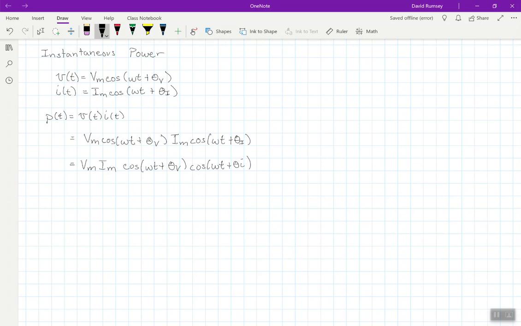And so we don't really like the idea that you have zero power, because we know that with AC, it's not that you're given zero power. Maybe at one instant in time there's zero power, but we really want to think about, on average, what's the power being delivered to the circuit? So we need to manipulate this a little bit here.